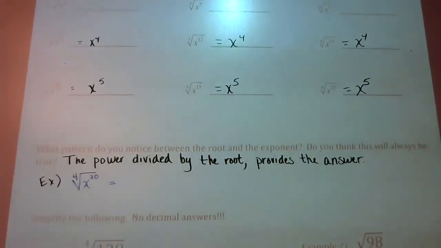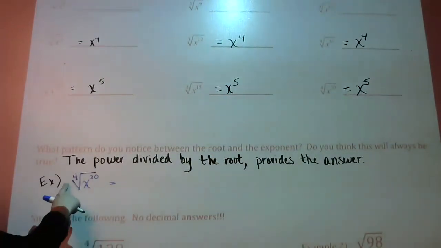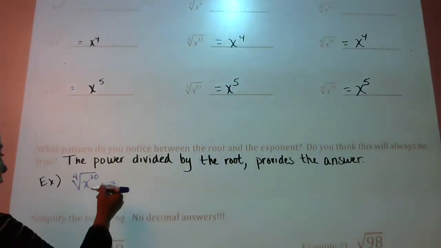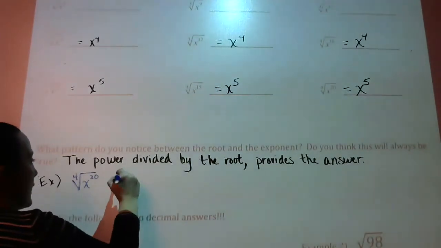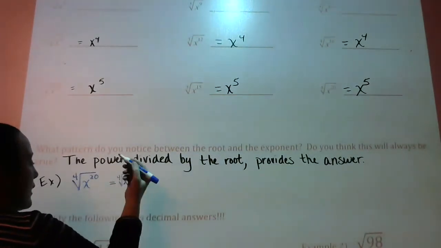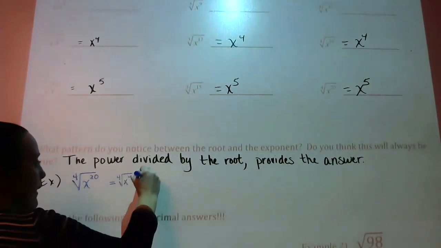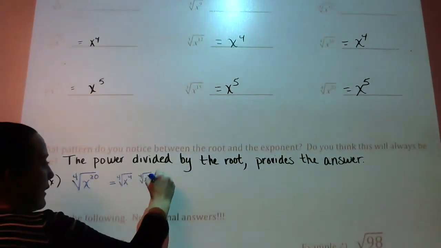So let's look at this in a little bit more detail. If I have the 4th root of x to the 20th, what I'm asking you to do is to break down x to the 20th into groups of 4. So I have 5 of them.